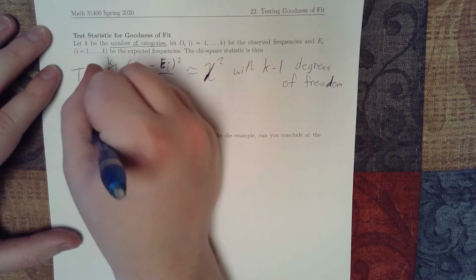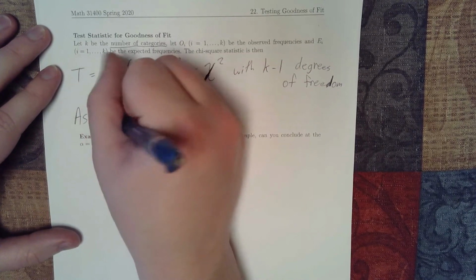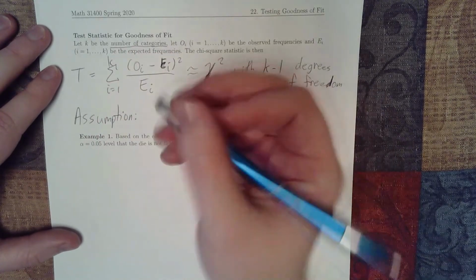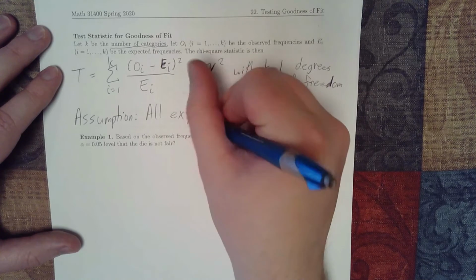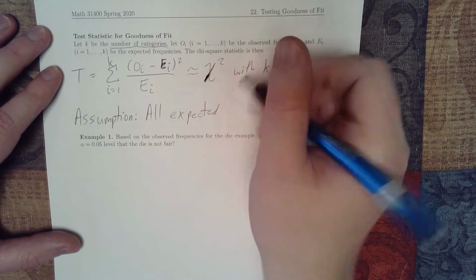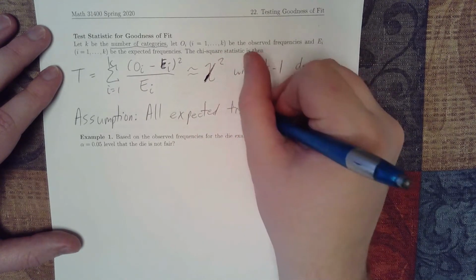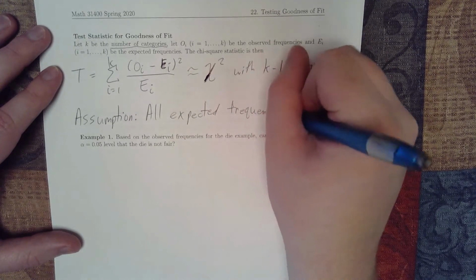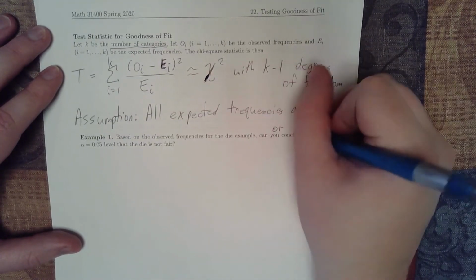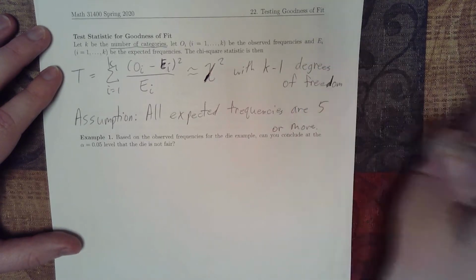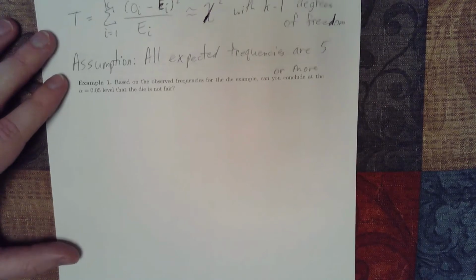Now, we've always talked about how there are assumptions when we're using these test statistics. In the case of chi-squared, the assumption is that all expected frequencies are 5 or more. All right, so let's continue this example we've been looking at.